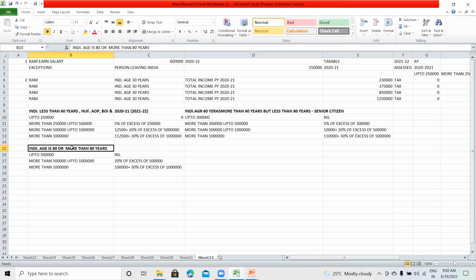These slab rates will be applicable for the financial year 2020-21, that is, for the assessment year 2021-22. If there is any income earned by the assessee in the previous year 2020-21, then these tax rates will be applicable according to the person.